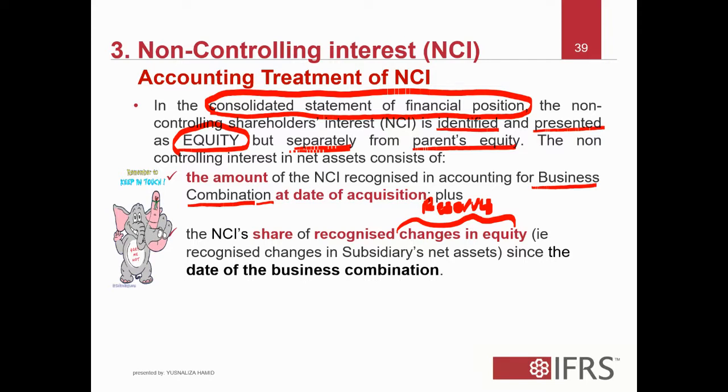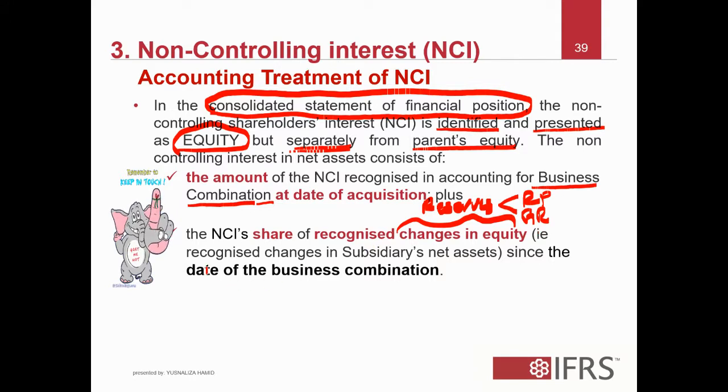So we need to also look at the share of the non-controlling interest in the reserve of your acquiree, either the retained profit reserve, like a general reserve, etc. Right?